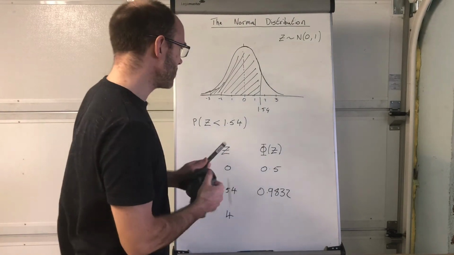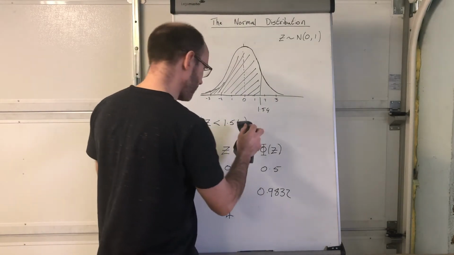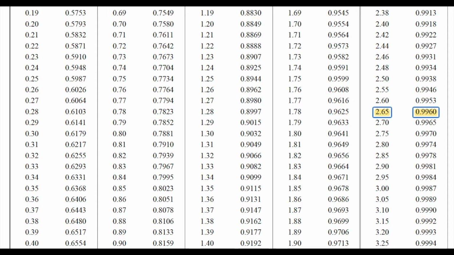All right. Let me give you another example. So now I'm showing you the tables again, but this time I've highlighted when z is 2.65, okay? Then phi of z, so the probability of a value being up to 2.65, is 0.9960. Notice how all the values in the table give you a rounded probability to 4 decimal places.